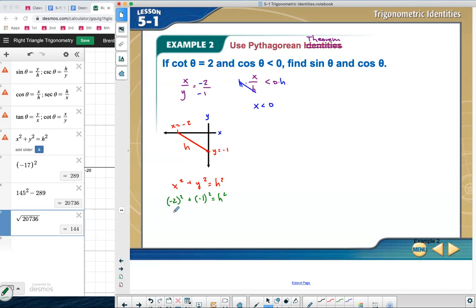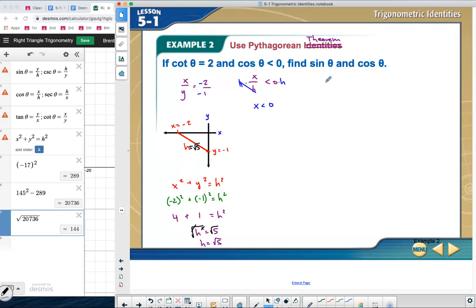So -2 times -2 is 4. -1 times -1 is 1. And so h squared is 5, or h is the square root of 5. I would say plus or minus, but there's a rule with hypotenuse. Hypotenuses are always positive. So this is just going to be square root 5.